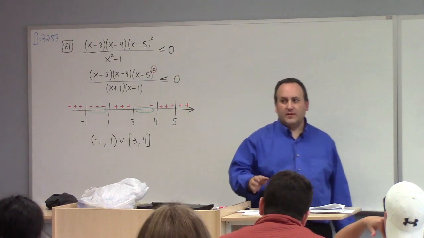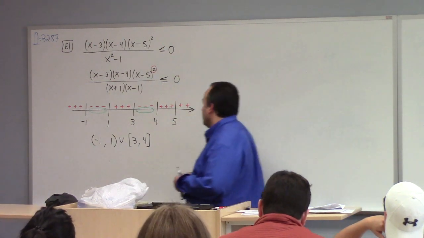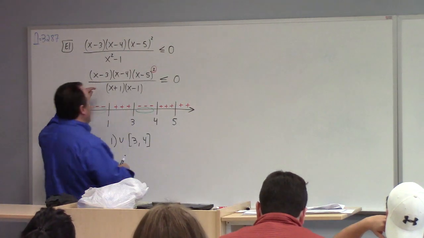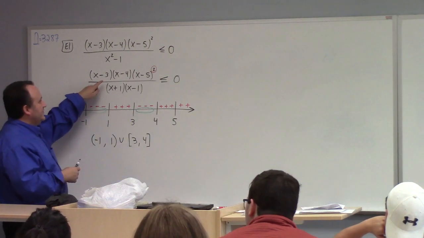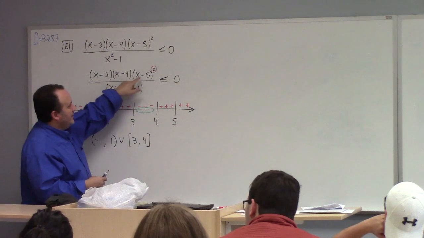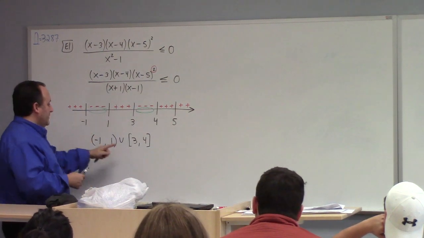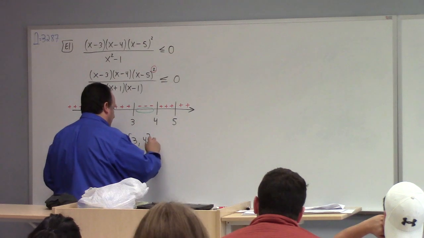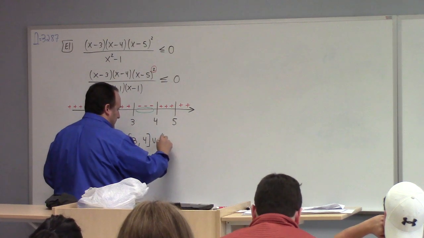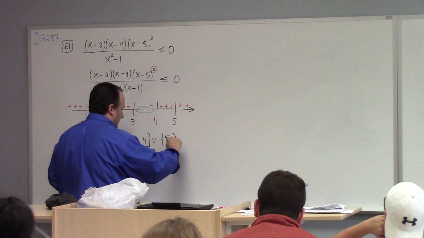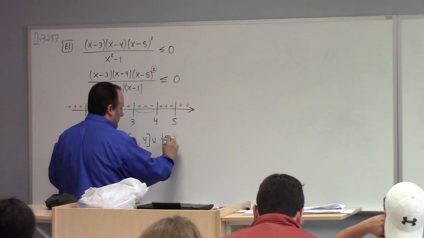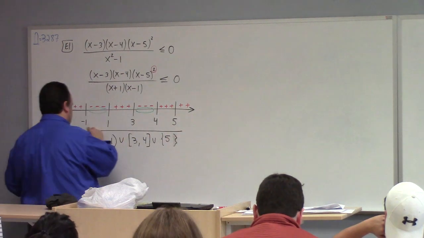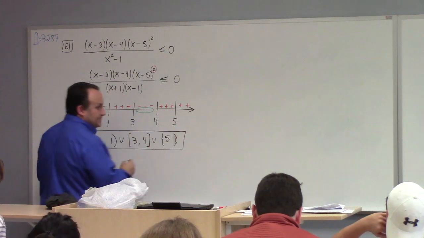We're solving less than or equal to 0, right? So included in the solution set should be the numbers 3, 4, and 5. I've got 3 and 4, but I'm missing 5. So the way to include 5 is just say union with the set which just contains 5. And there you go. That's the solution set to this inequality.